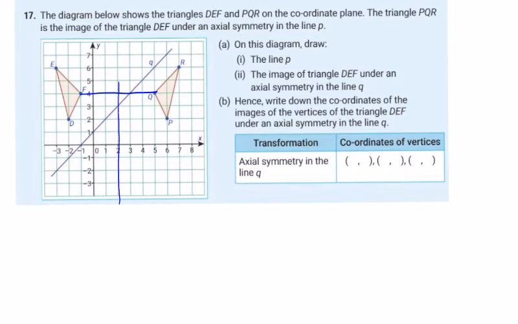So this looks like my line P here. Let's just double check the other ones. E, 1, 2, 3, 4, 5. 1, 2, 3, 4, 5 does work for E too. So that's my line P.